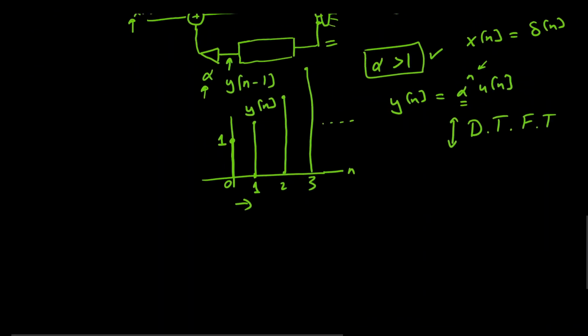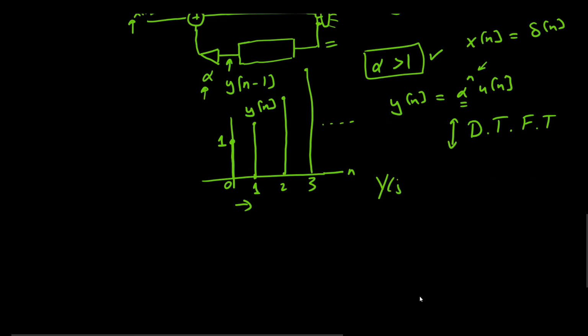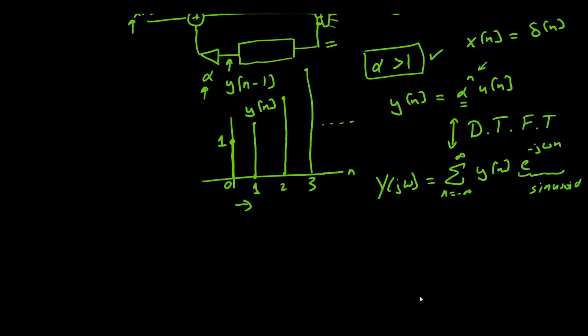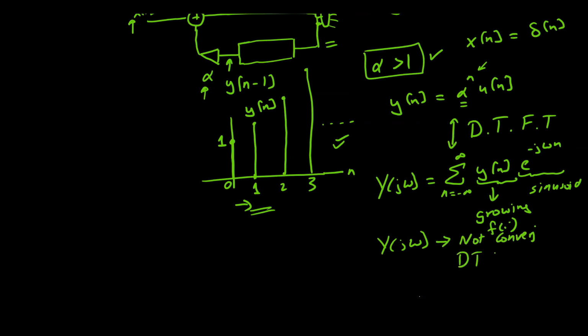That is, we can have a Fourier transform Y of e to the j omega, which would be a summation from n equals minus infinity to infinity of y of n e to the minus j omega n. But this is a sinusoid, and y of n is a growing function, as we can observe over here in this plot. So hence Y of e to the j omega would not converge. Hence the discrete time Fourier transform does not exist for this signal.